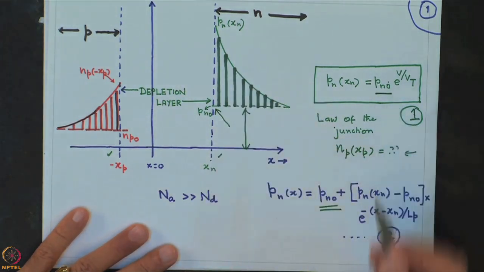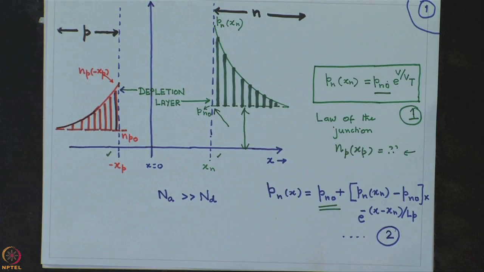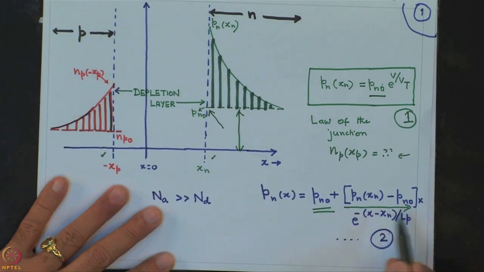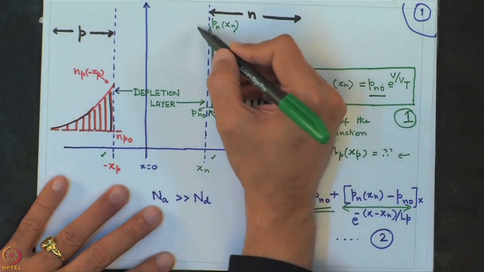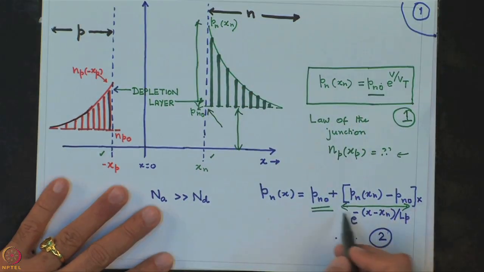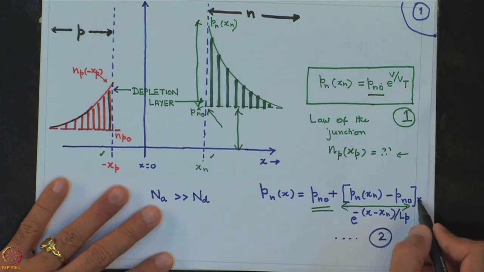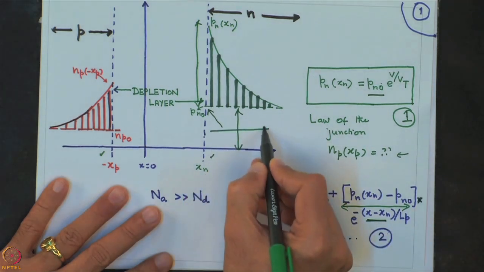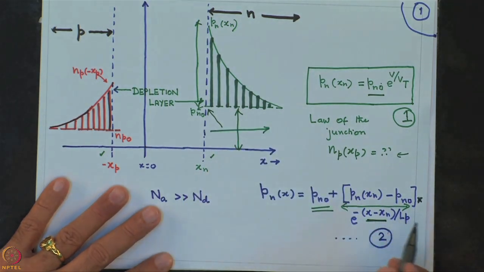It starts from Pn0, which is the steady state offset due to the thermal equilibrium value, and as per this relation, this particular height is multiplied by the exponential of x minus xn divided by Lp. Now, x minus xn is the variable which is taking us onto this side of x.